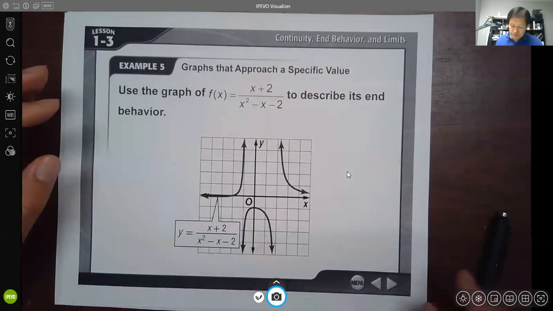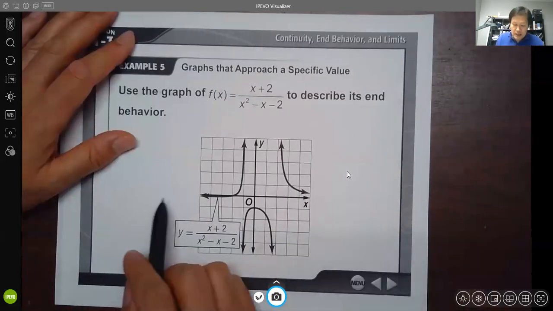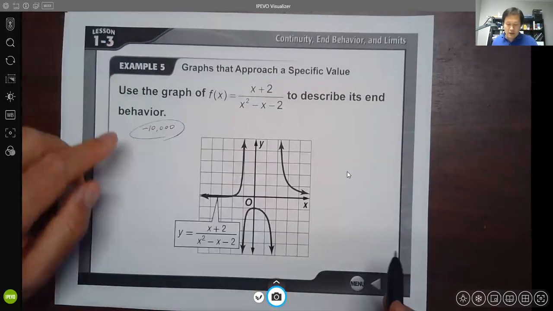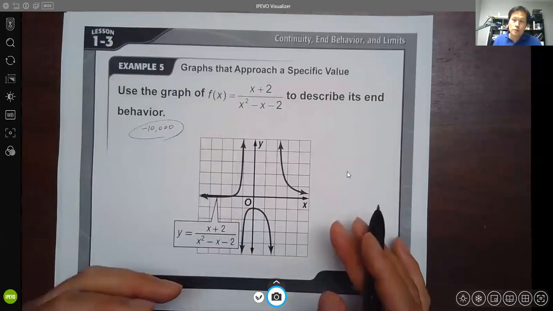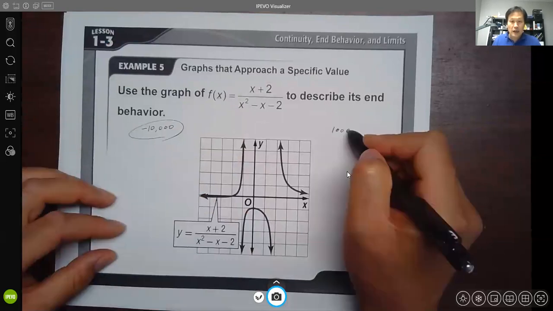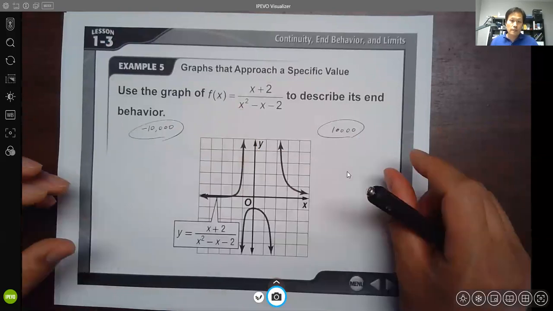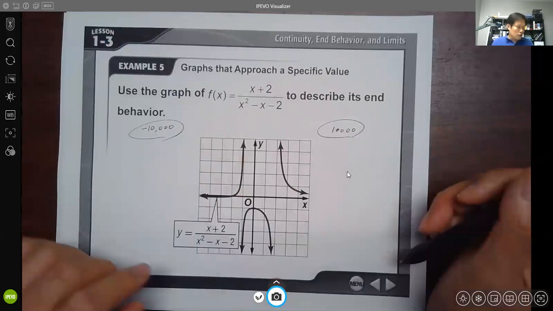If I were you, I'd plug in an x value like minus 10,000. Use your calculator, then the y value will be almost 0. Same thing, plug in an x value of 10,000, and the y value will be almost 0. So in this case, you have to be careful.